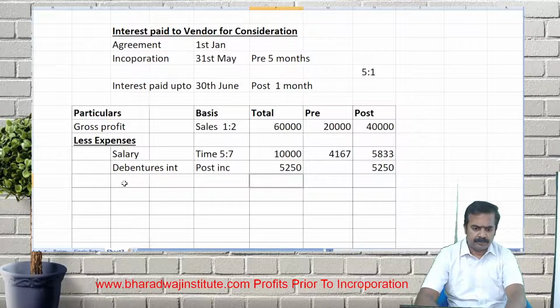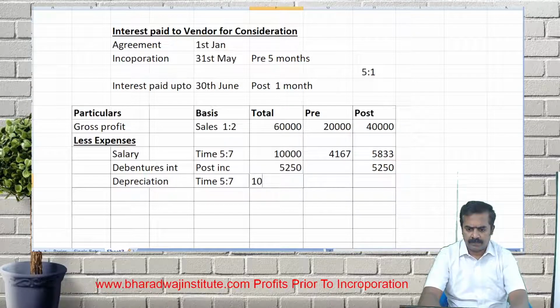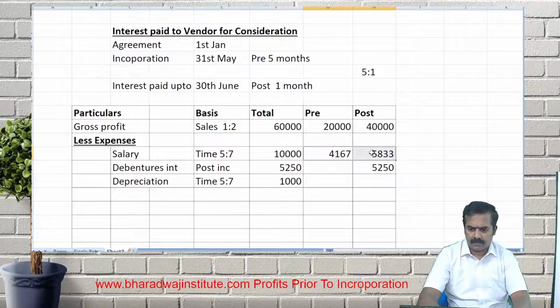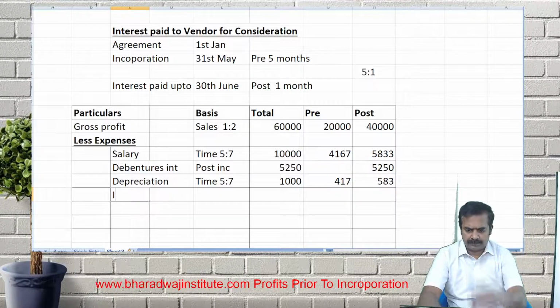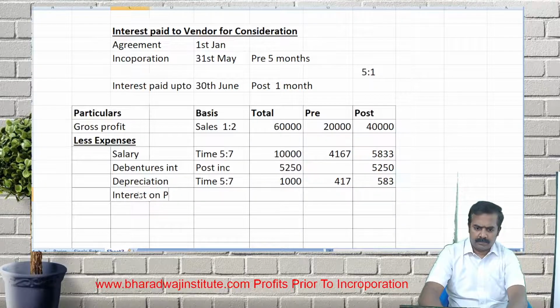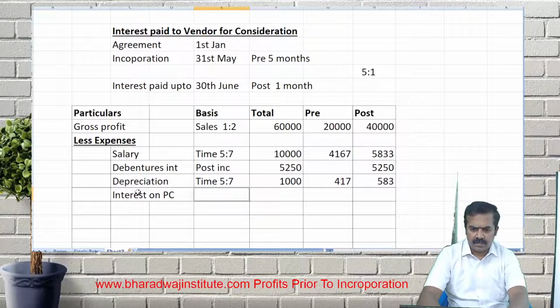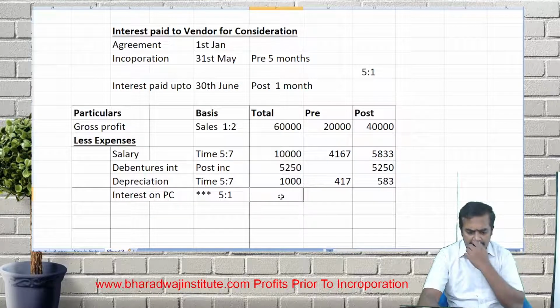Then depreciation, time ratio 5:7, 1000. Then interest on purchase consideration, and the special ratio we worked out earlier, 5:1. What is the amount? 9000.